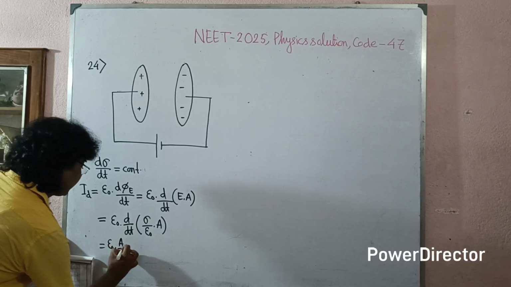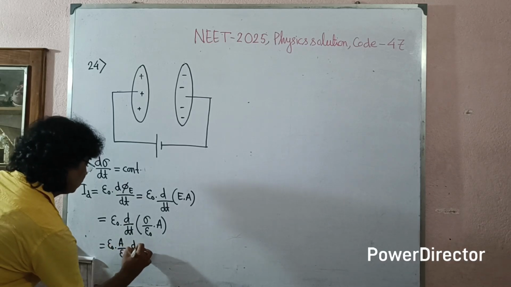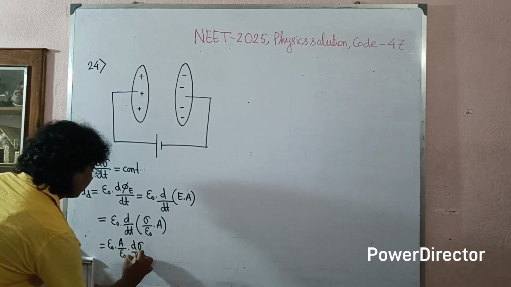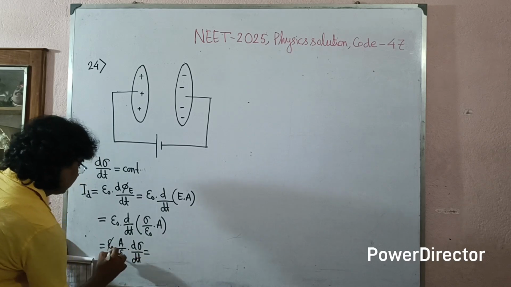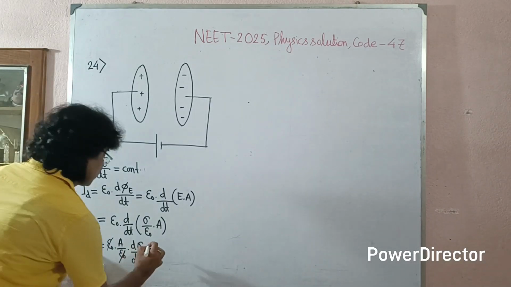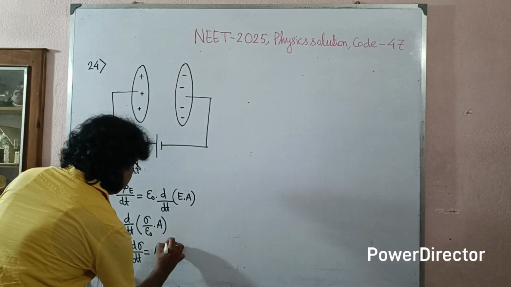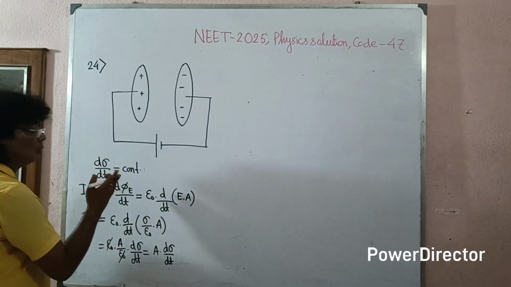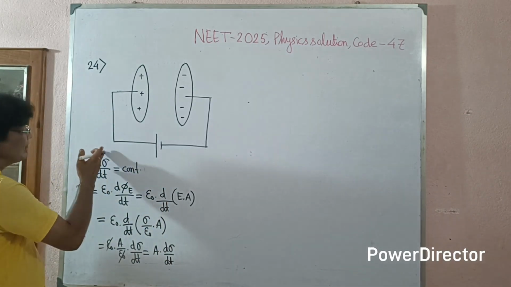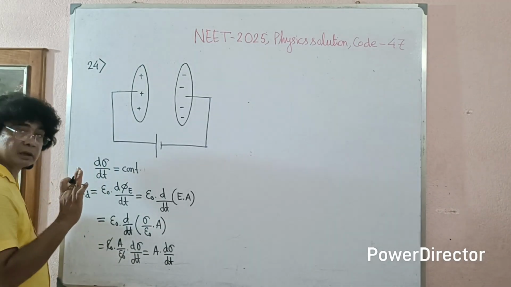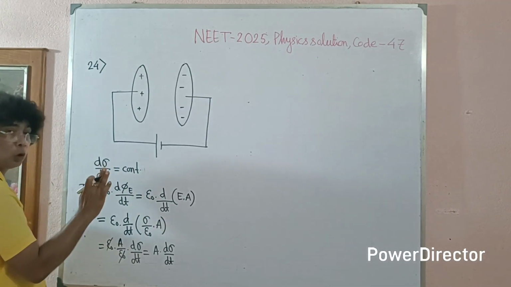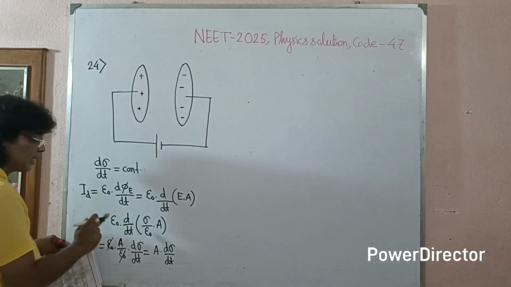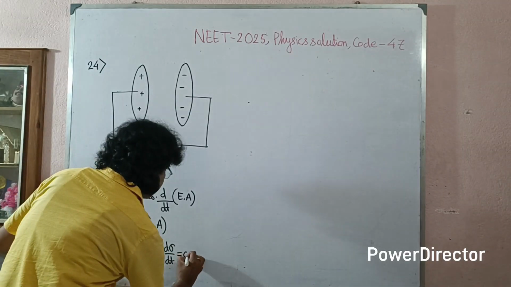Epsilon 0 A by epsilon 0 d sigma dt. Cancel: epsilon 0 A d sigma dt. Earlier we found that d sigma dt equal to constant. So displacement current is also constant.